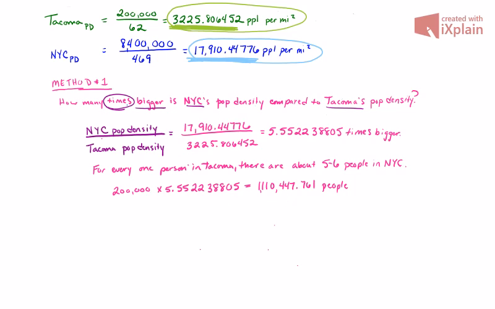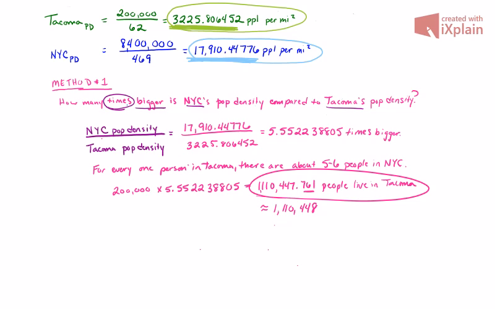Move is implying that we're going to keep the 200,000 and add that. We want a total of 1,110,447.761 people living in Tacoma. So this is our solution. We might want to change this since we don't usually use decimal values, so we could say we want about 1,110,448 people. So this is one way.